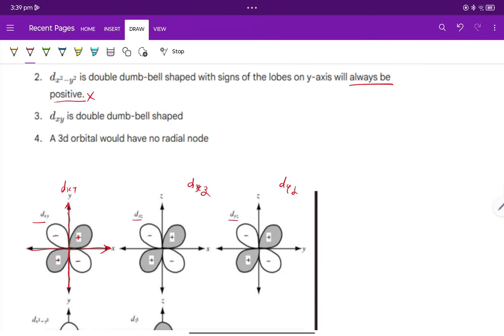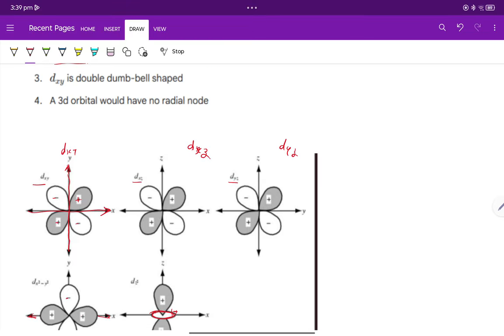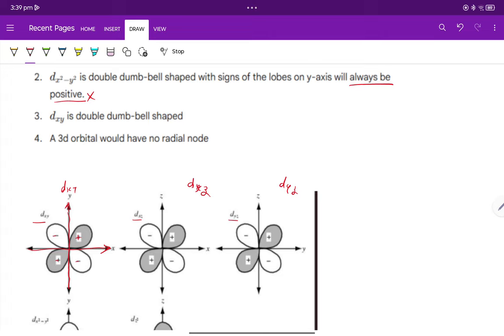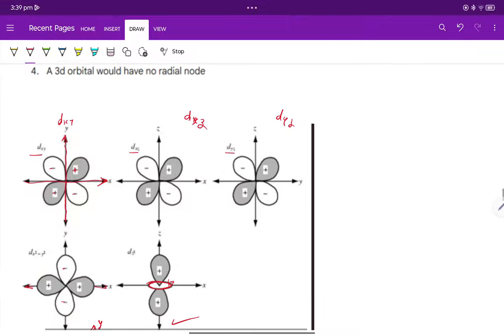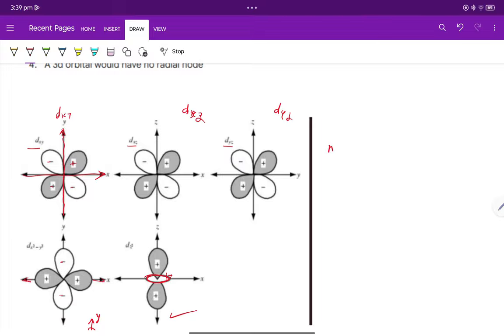dxy is dumbbell shaped. Of course, the dxy orbital is dumbbell shaped, and a 3d orbital would have no radial node. How do we find the radial nodes in an orbital? Radial nodes are given by n minus l minus 1.